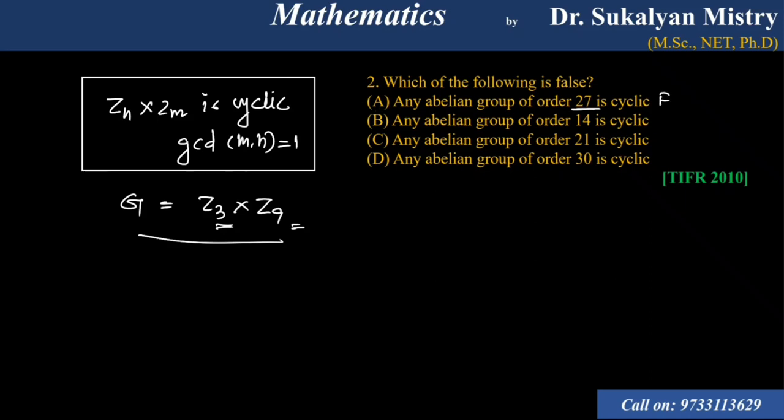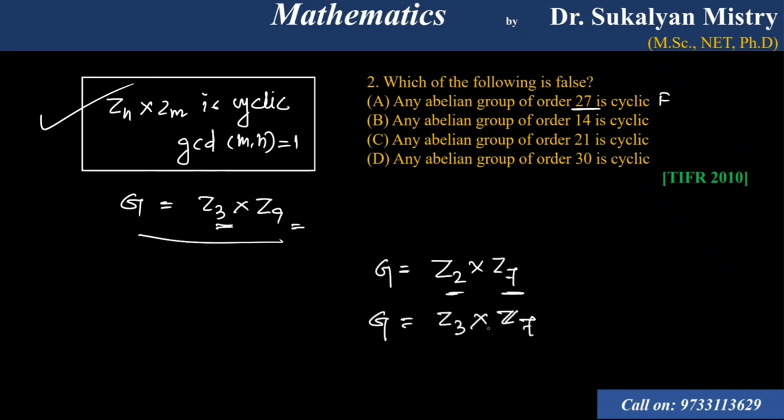Clear? So next, for option B, any abelian group of order 14 is cyclic, because if we consider G, that is Z2 cross Z7, so 2 and 7 are relatively prime, so this must be cyclic. Similarly for option C, G is Z3 cross Z7, so 3 and 7 are relatively prime, so this is a cyclic group.